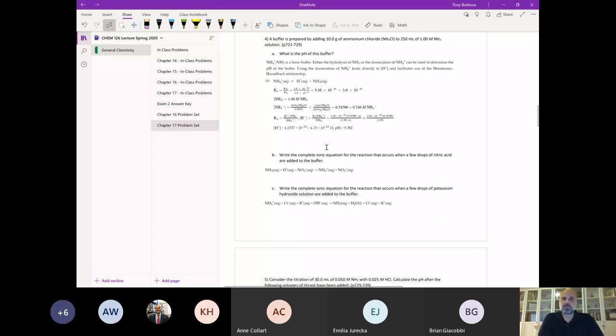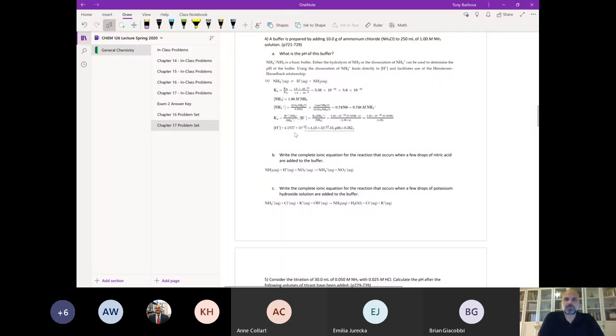4B and C. Buffers prepared by adding 10 grams of ammonium chloride to 250 milliliters of a 1 molar ammonia solution. The first part was asking what the pH of the buffer was.